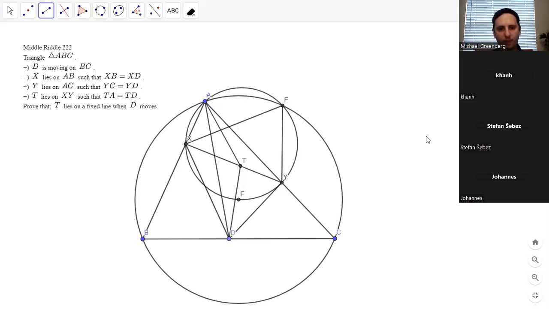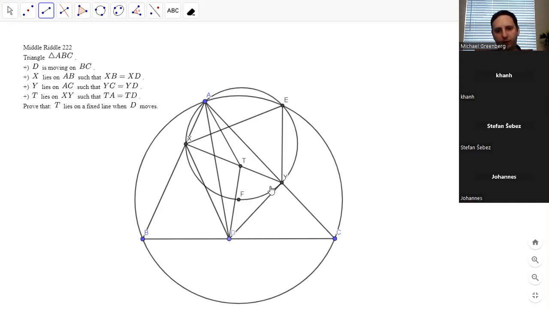I don't remember how to prove that thing with the circumcenter, but this reflection is easy by angle chase. It's just an angle chase. Because this angle XEY, it's easy to show that that's XDY.